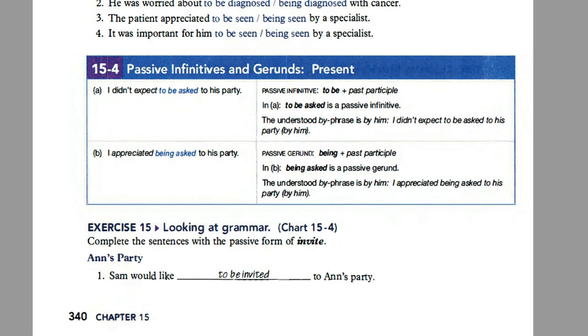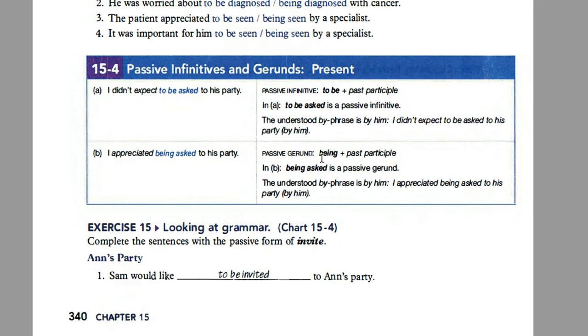That's to understand if we need to continue the sentence. We can say, I didn't expect to be asked to his party by him, but we don't need to add by him at the end, same like the passive, because it will be kind of repetition. I appreciated being asked to his party, so I appreciated being.